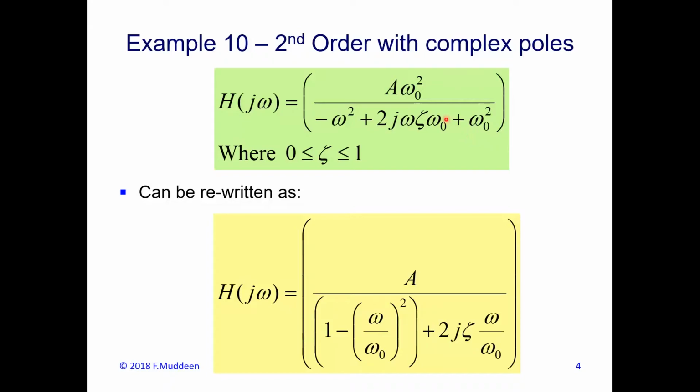That's how we get a here by itself, because omega naught squared divided by omega naught squared will be 1. The 1 component here is given by this point here. The 2j omega zeta over omega naught is also given by this component here, and the minus omega squared divided by omega naught squared is given by this component here.